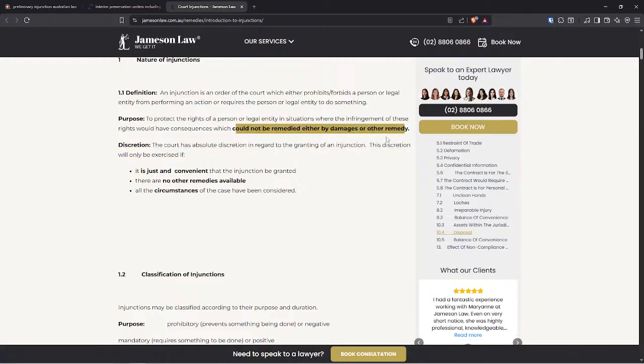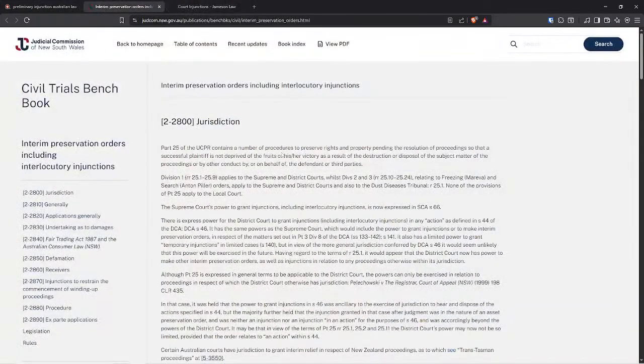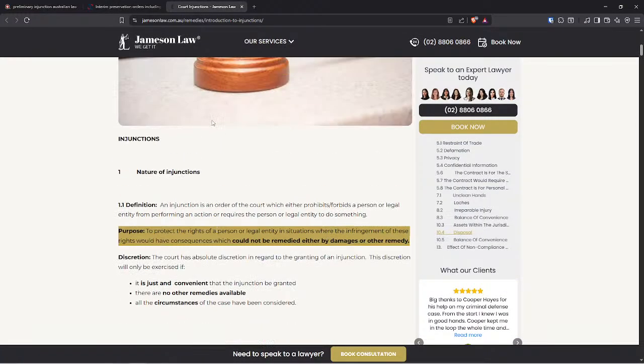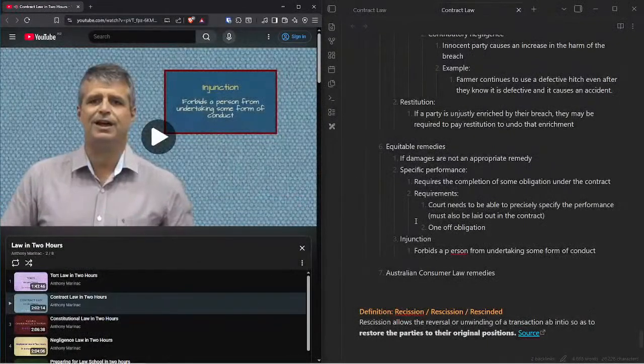So like if someone's going to die as a result of not doing the thing, then death can't be remedied by damages or some other remedy. Death is kind of final. That's where maybe an injunction would be appropriate.